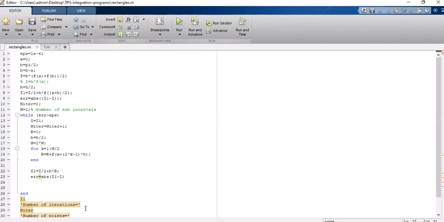Then I1 is equal to I over 2, the old I, plus h multiplied by that sum.